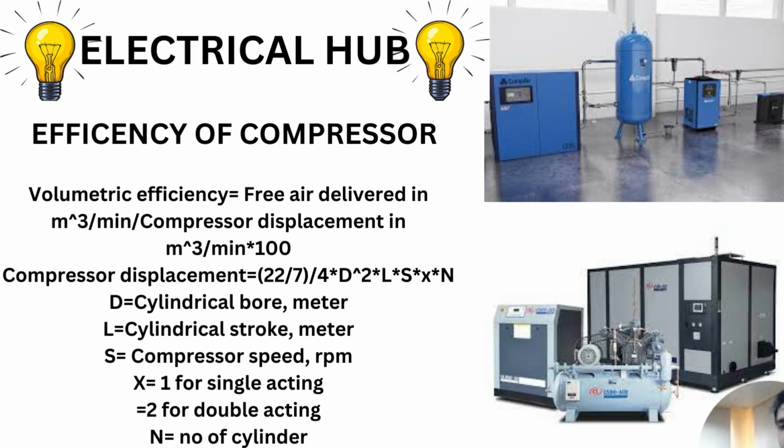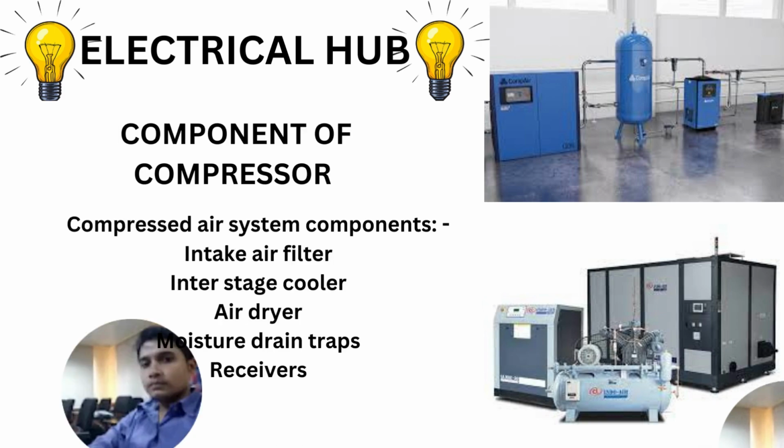So the compressor displacement is pi by 4 into d square into L into S into X into N. So d is equal to cylinder bore in meter, L is the cylinder stroke in meter, S is the compressor speed, while X is equal to 1 for single acting, 2 for double acting, and N is equal to the number of cylinders.